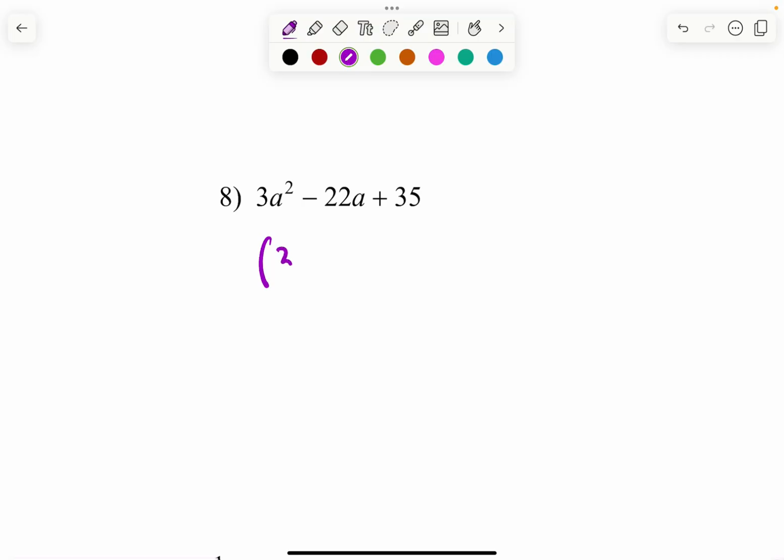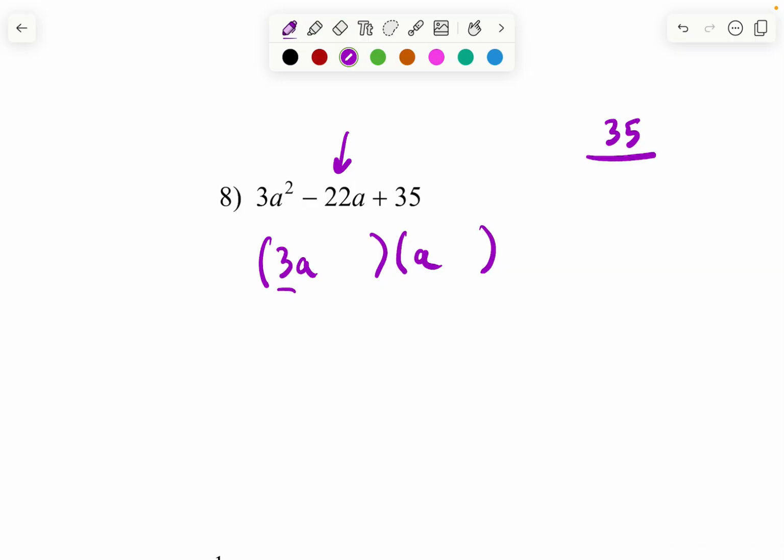So if you had a prime number there, you would want to put the prime number out front and set it up like we did last time, just like this. We're still going to try to figure out what multiplies to 35 but needs to add to negative 22. Now here's where it gets interesting. This 3 doesn't make it super nice anymore.